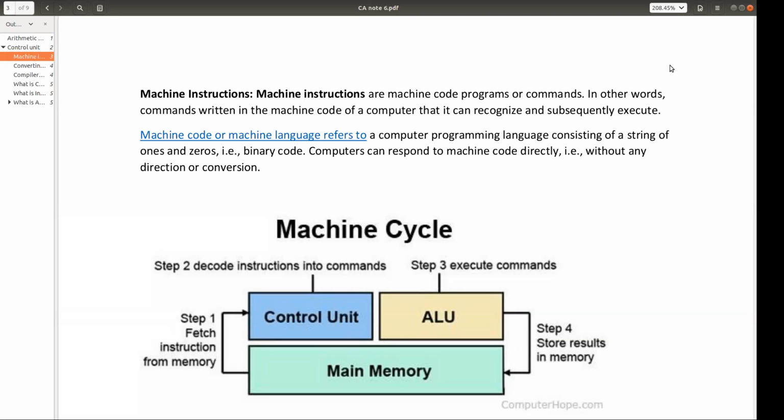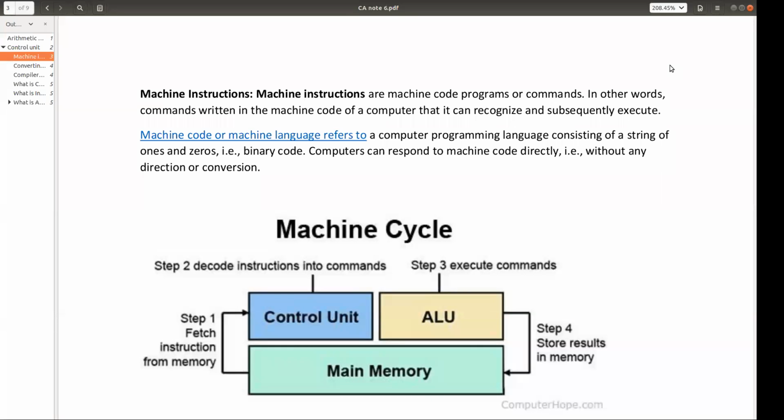Now what is binary code? The data written in the binary language. What is binary language? As I told you, the language which is written by 1 and 0 only. If you open that particular data, you will only see a stream of 1 and 0. You may not understand that, but the machine will understand that. So whatever you are doing, everything gets converted into 1 and 0s. So that's basically machine code or machine language.